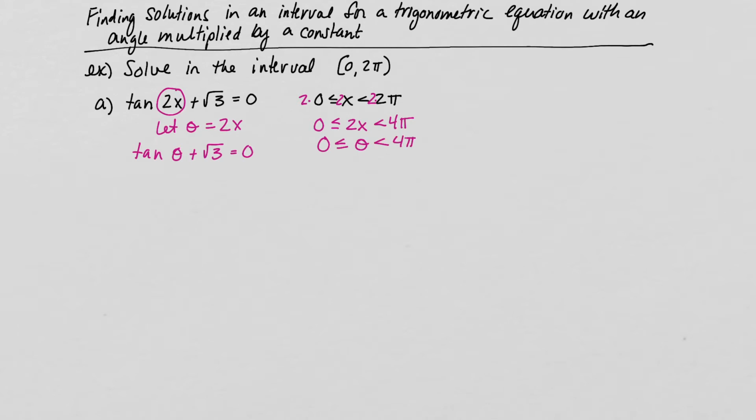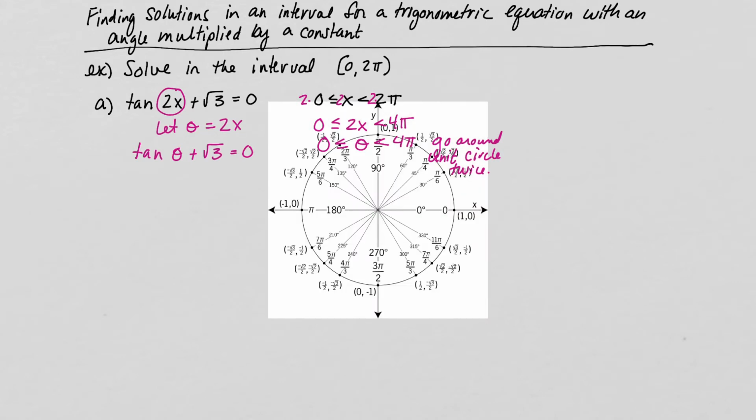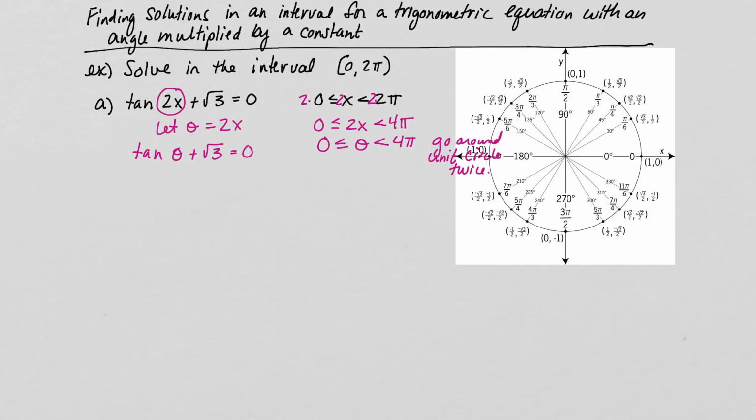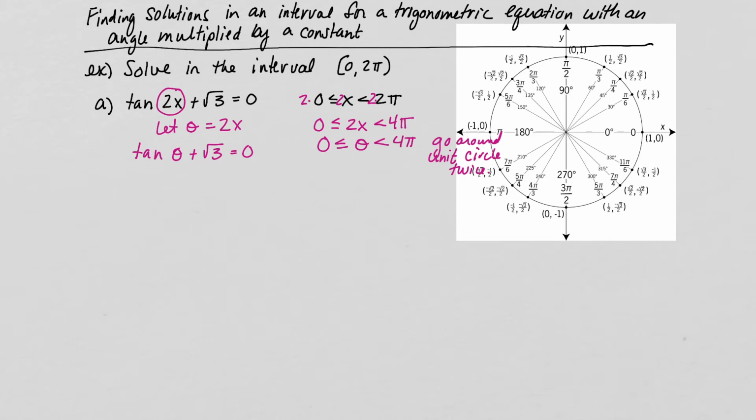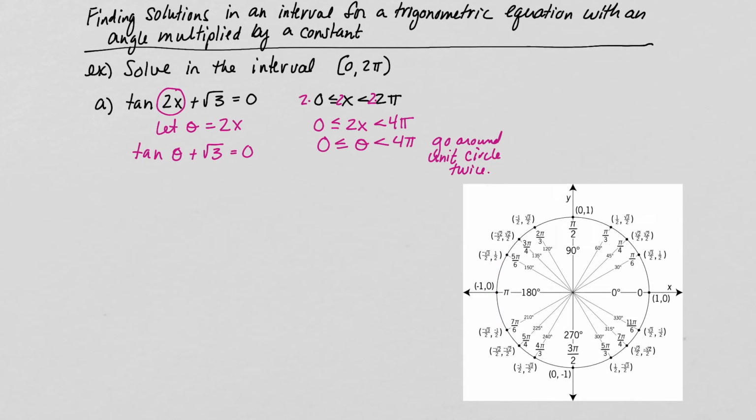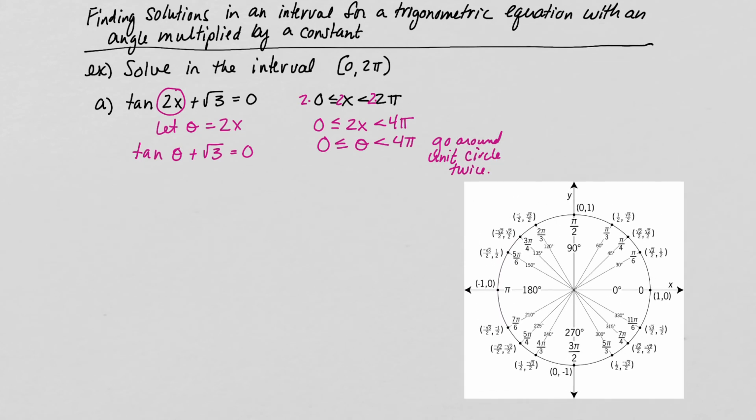So 4 pi means I'm going to go around the unit circle twice. And let me add in this unit circle picture here. I'll move it down here so that we can see it.